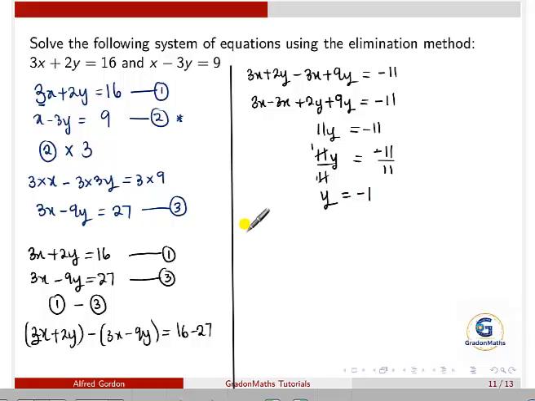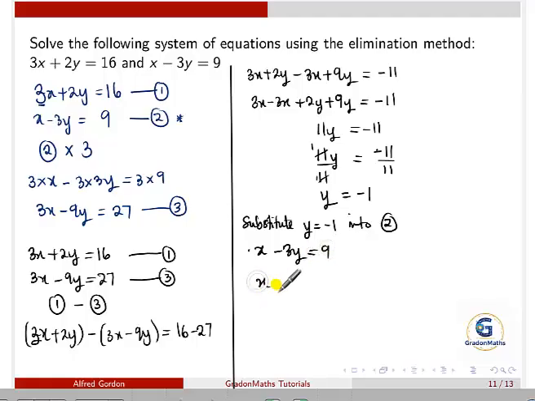So we go ahead to find the value of what? X. And here we are at liberty to choose any of our equations, either equation 1, equation 2, or even equation 3. So let's substitute y is equal to negative 1 into, and I want to be safer, so let's go into equation 2. We have equation 2 to be x minus 3y is equal to 9.